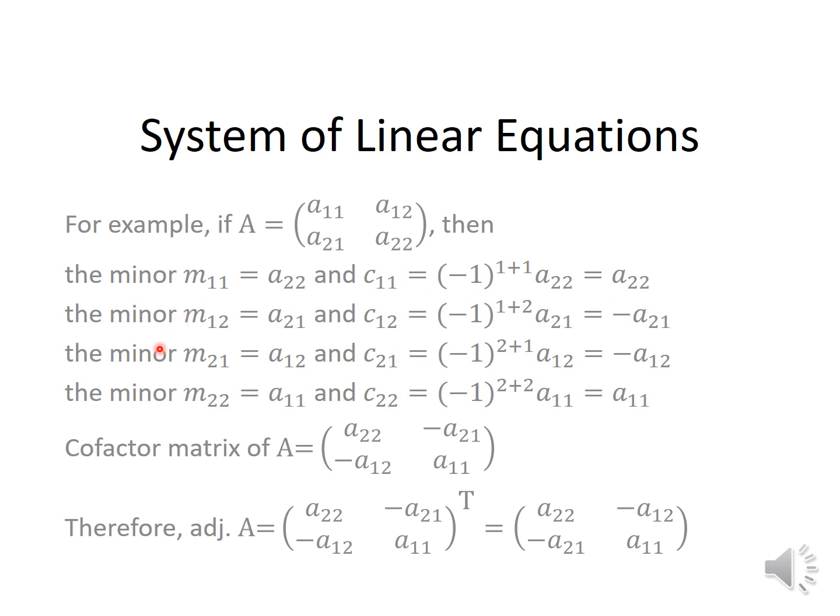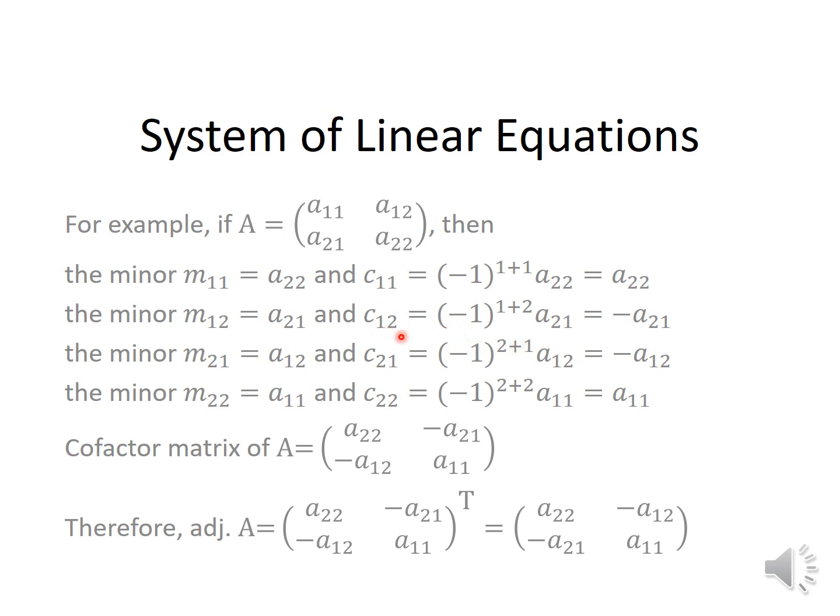Look at the second element. The minor of A12, M12, is equal to A21, because you close the first row and second column. The value is A21. And to calculate the cofactor, this is the formula.